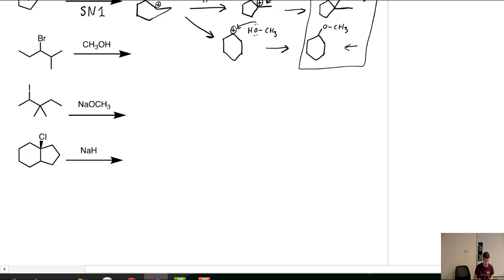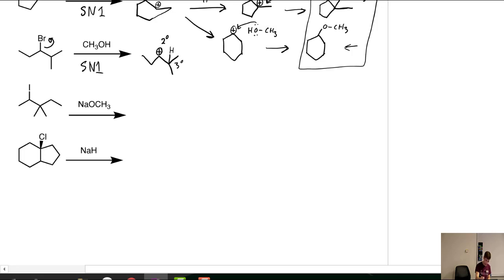All right. So this one, what about this guy? Let's say we did SN1 on this one. The cation shouldn't move because it's already attacked. Let's see. So the leaving group leaves. We get a positive charge here. So the positive charge is on a secondary and it's next to a tertiary. So it will move.